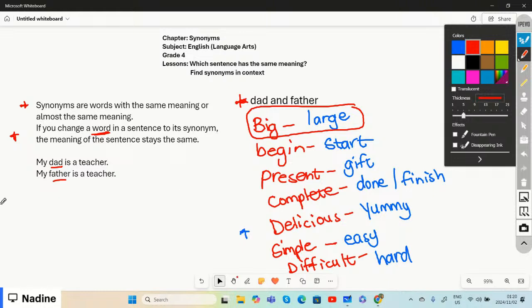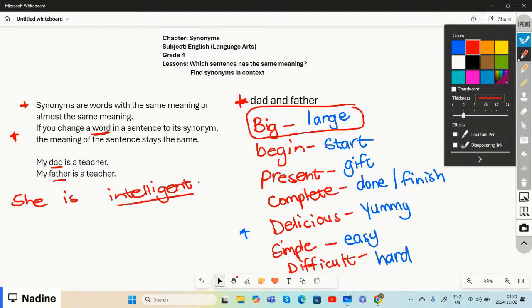We can say she is intelligent. I'm going to underline the word intelligent. You need to find the word that's the same as or almost the same as intelligent. Then we're going to rewrite that sentence by using that synonym, and we're going to see how the sentence basically stays the same. Just a different word, same sentence.